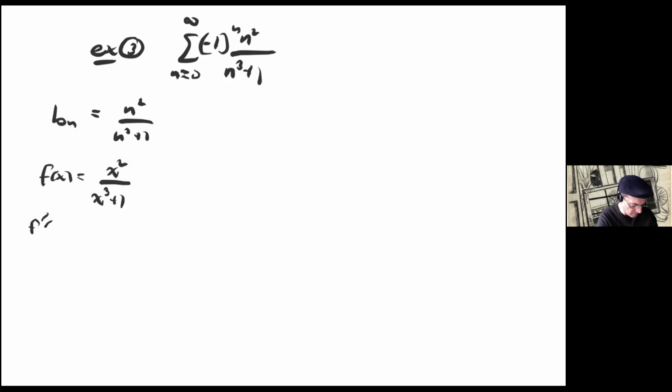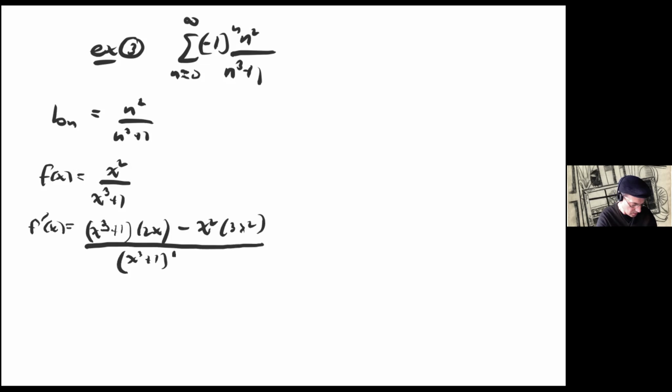We can do calculus. f prime of x equals x cubed plus 1 times 2x minus x squared times 3x squared, over x cubed plus 1 squared, and the numerator simplifies to 2x to the 4th plus 2x minus 3x to the 4th over x cubed plus 1 squared.